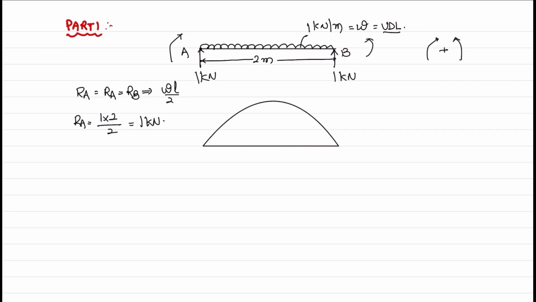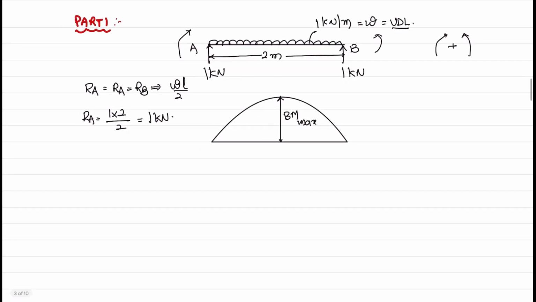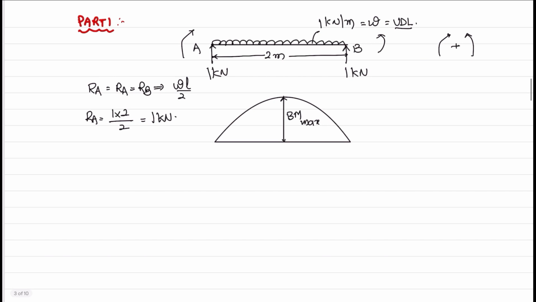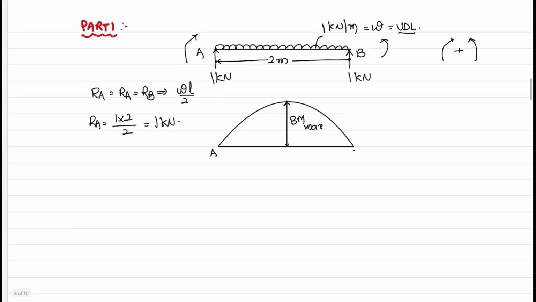At the center, maximum bending moment will be there. These are all things I have discussed in my previous classes. Please refer to them. This is A, this is B. At center C, maximum bending moment.